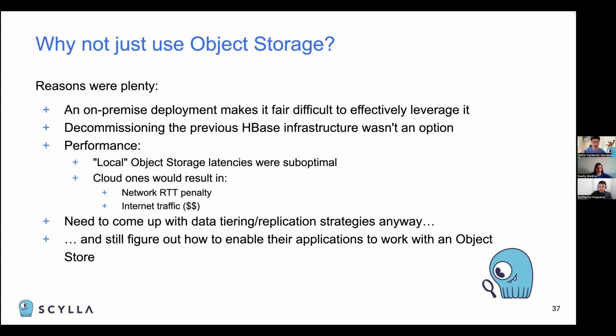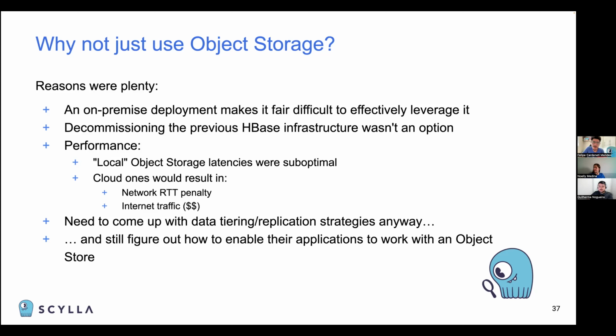Local object storage technologies do exist, such as MinIO, for example, but according to their tests, they realized that its latencies were way beyond what they would expect. After all, want it or not, they still had to query the cold data within acceptable thresholds.